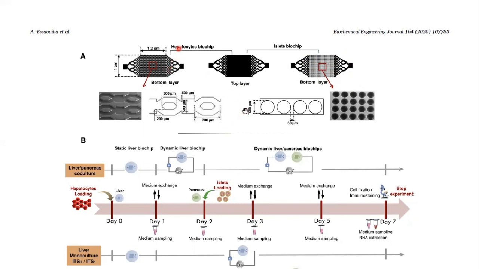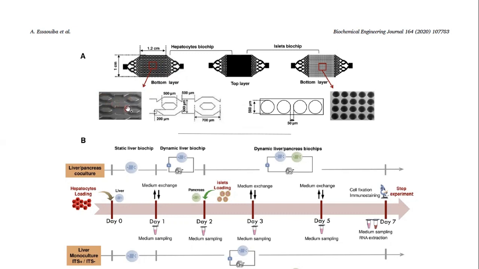The liver chip has a similar design. It consists of a microstructured bottom layer. You can see the bottom layer here. It consists of a microstructured bottom layer composed of microchannels and microchambers. Here are the microchannels and the microchambers of the liver-on-chip model.